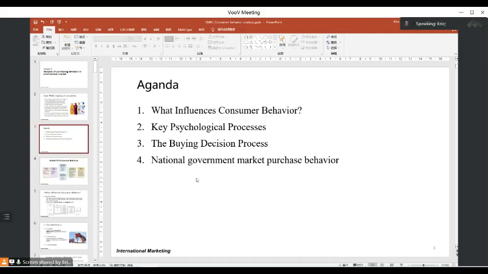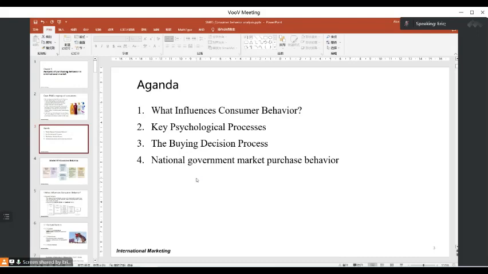If we have time, we will continue to discuss the first one, which is the consumer behavior market, a bigger term, because the consumer is not only ordinary people, but also includes organizations.